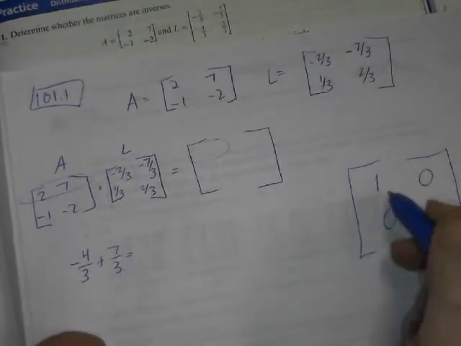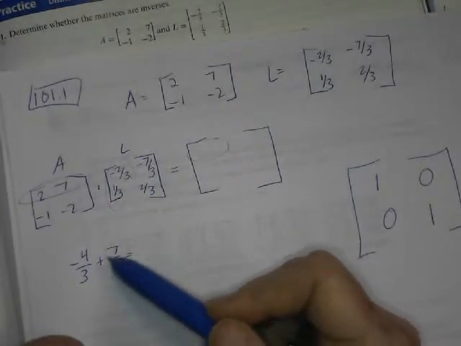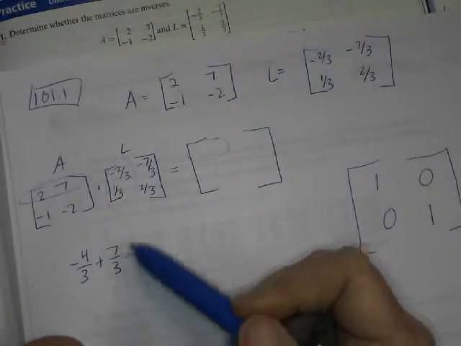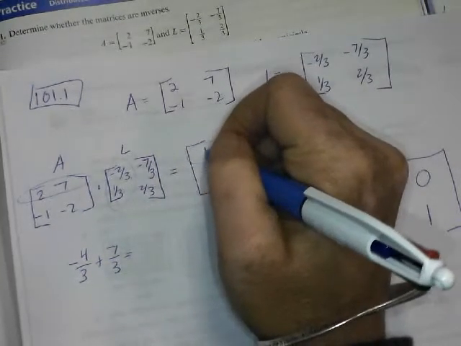Does that give me a 1? I think it actually does, because we have the common denominator, and 7 minus 4 is 3. That gives me 3/3, so that gives me the 1 that I wanted in that spot.